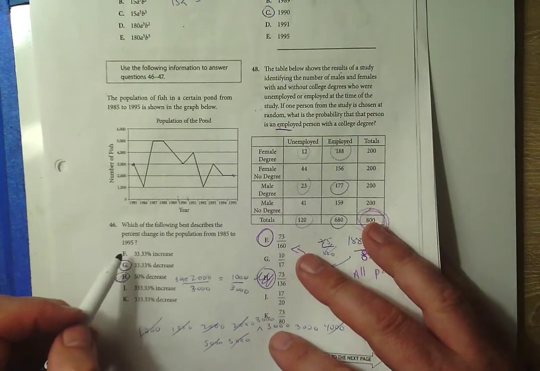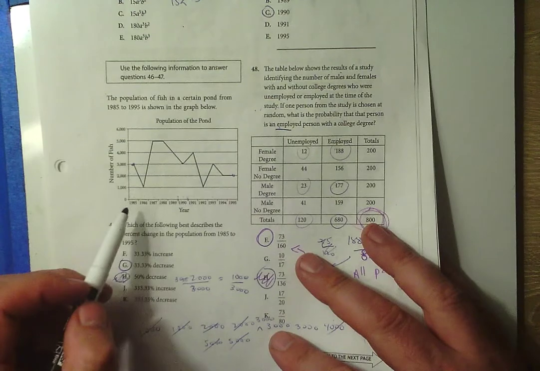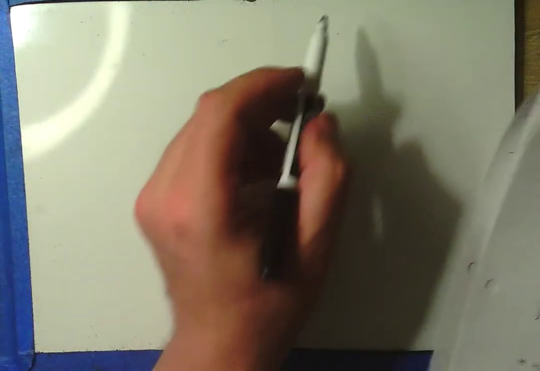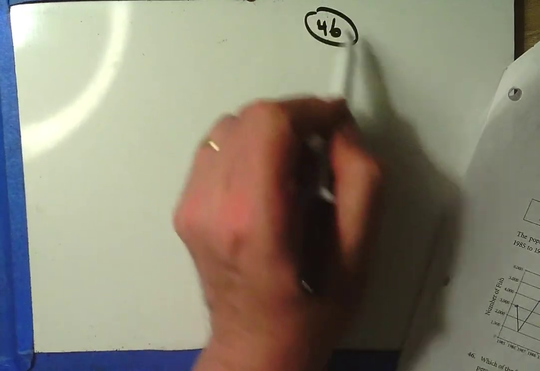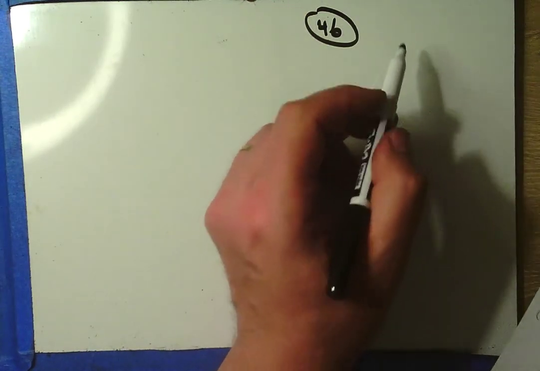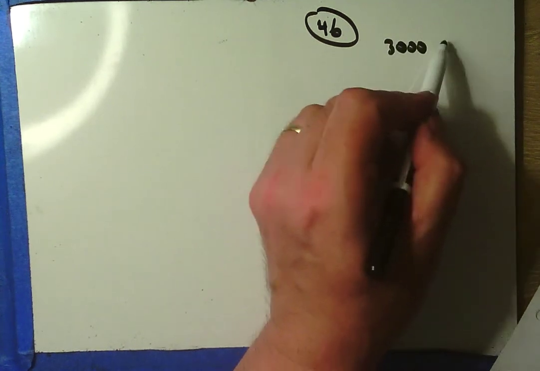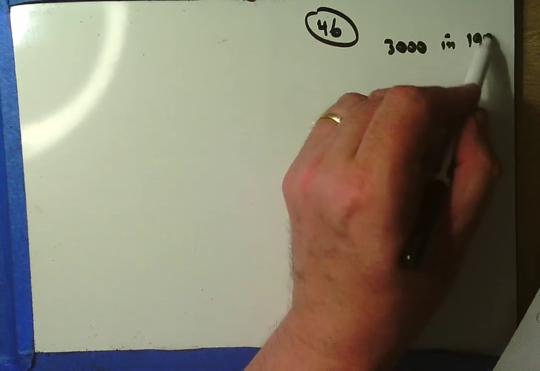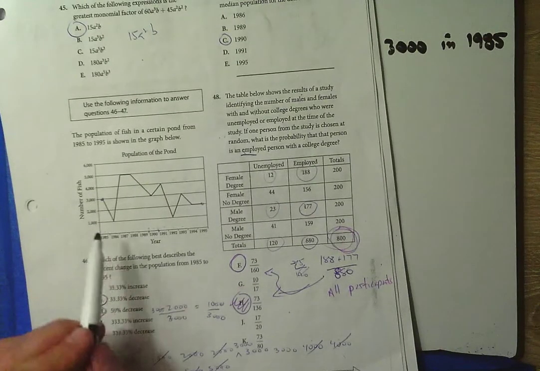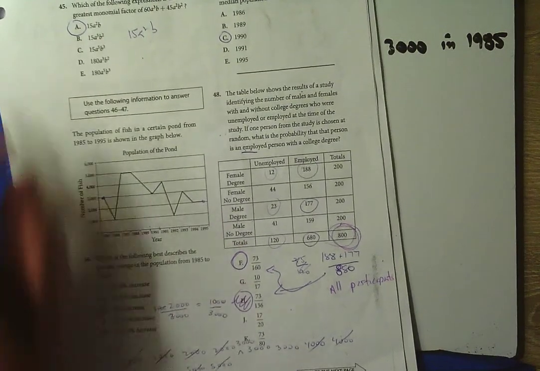In 1985, the population was 3,000. So 46, population was 3,000. Okay, 3,000 in 1985. And then what about in 1995? Well, in 1995, we're down to 2,000.